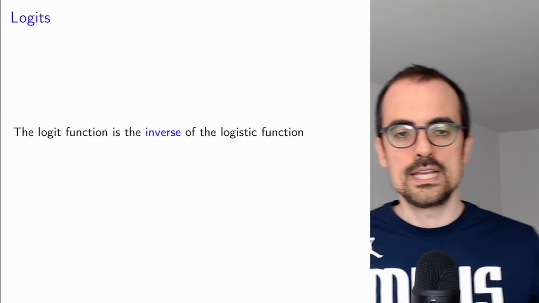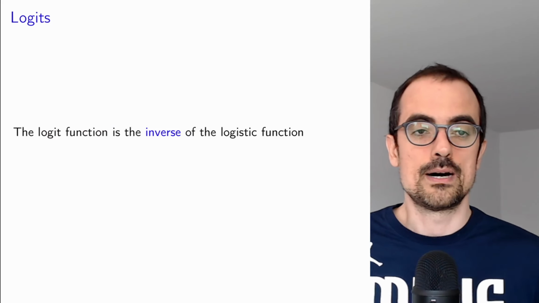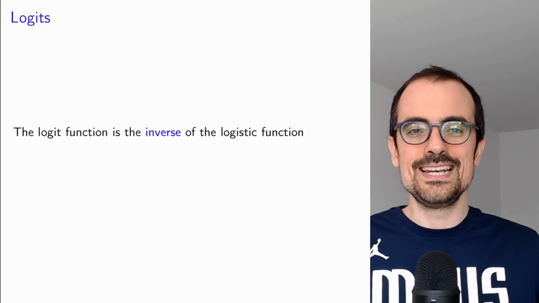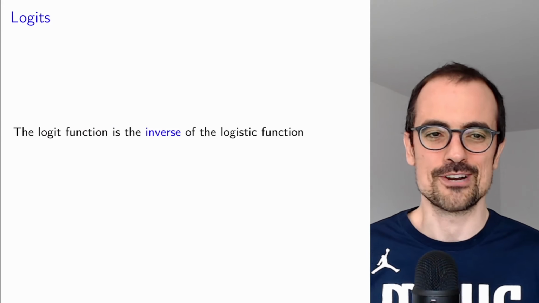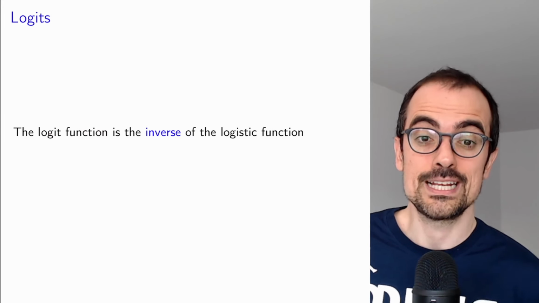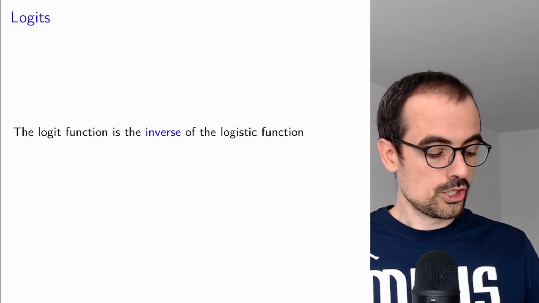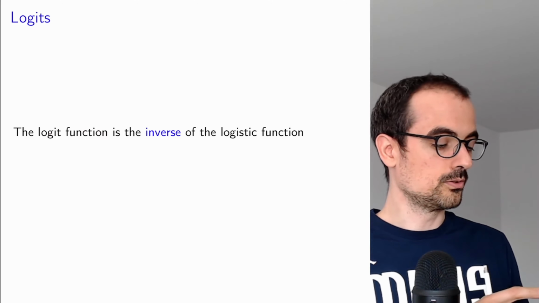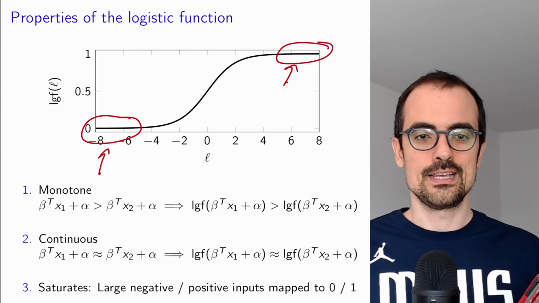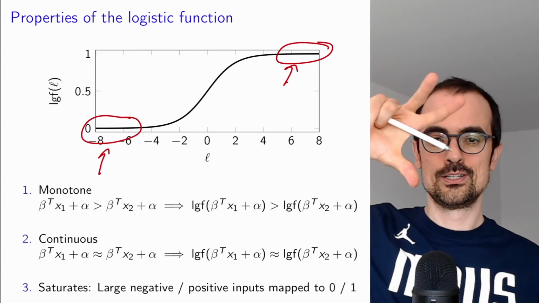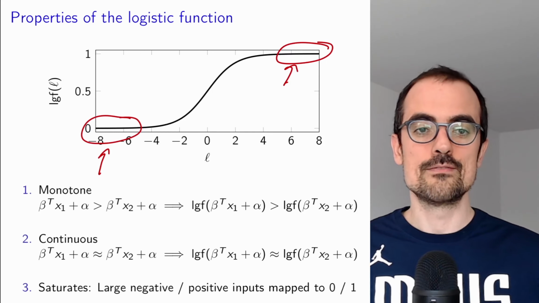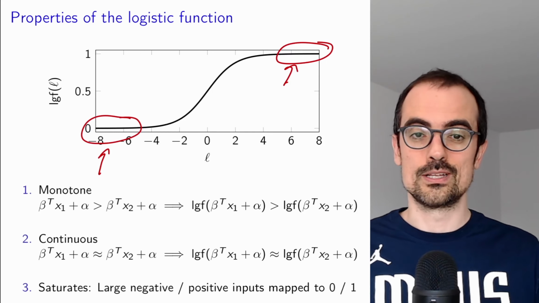Okay, so let's talk a little bit about the lingo associated with logistic regression. The logit function is the inverse of the logistic function. Just to show you what it looks like, if I rotate this to look at what the inverse looks like, that's going to be called a logit.